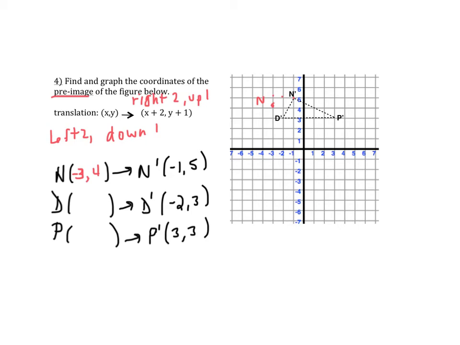Okay, next go to point D. So put your pen or your pencil on point D prime, and we want to go to the left 2, 1, 2, down 1. So that's where D is, and D would have coordinates of -4, +2.